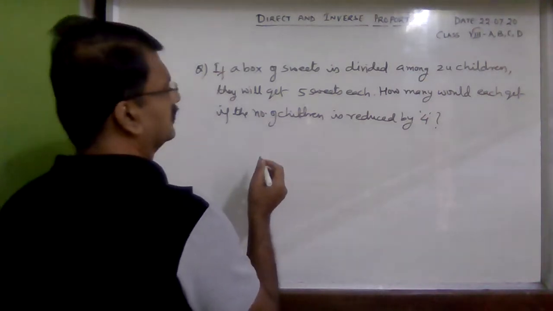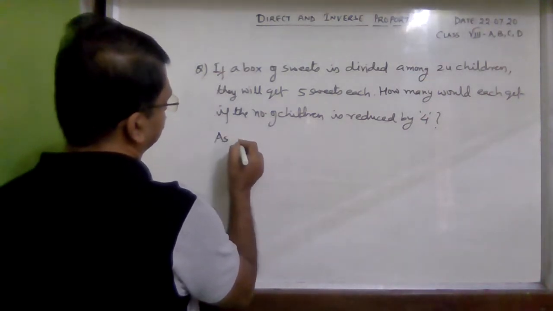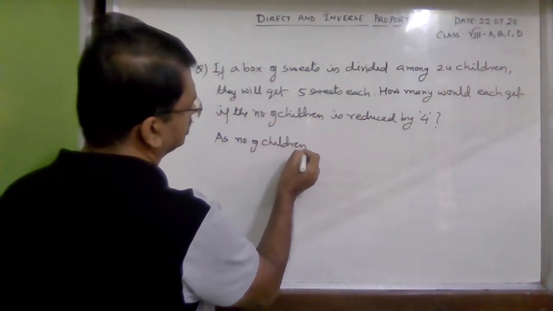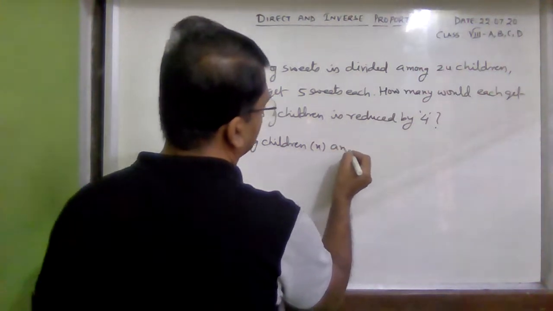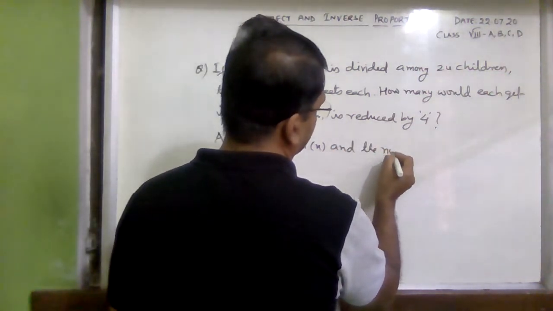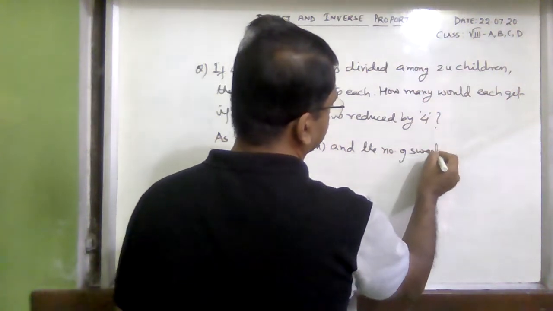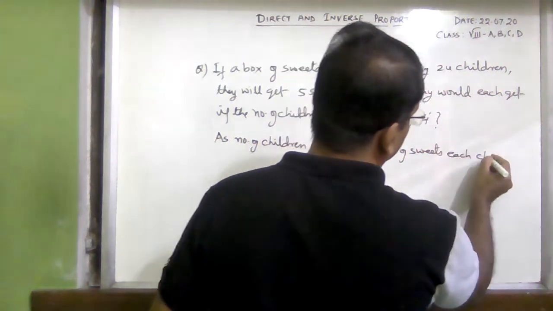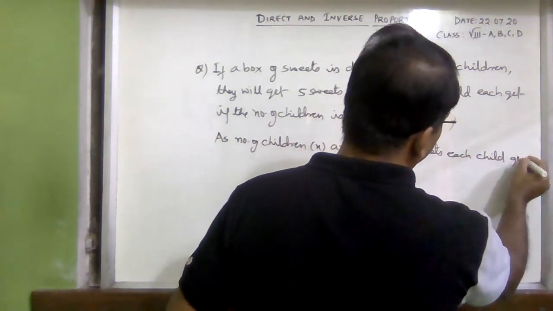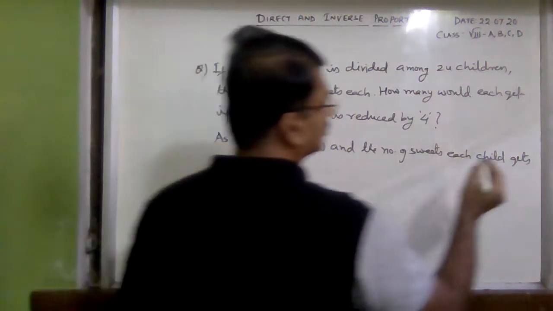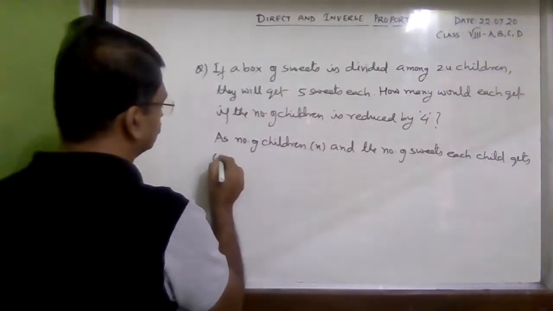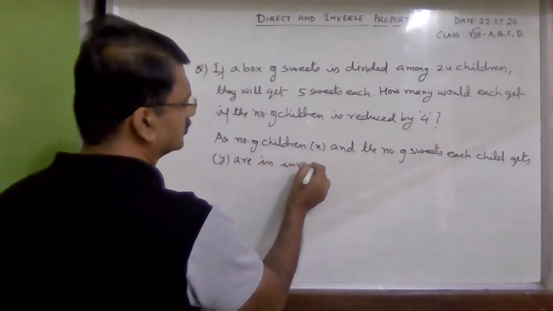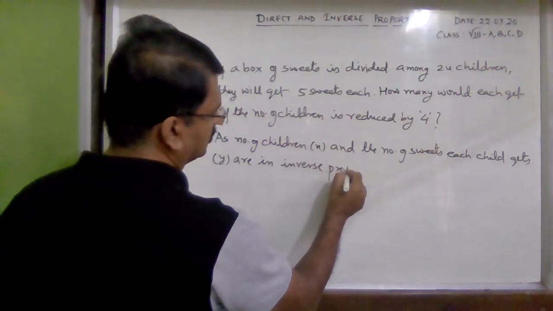So as the number of children and the number of sweets each child gets are in inverse proportion.